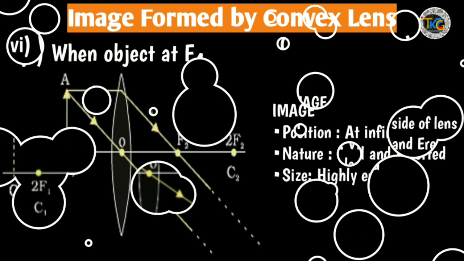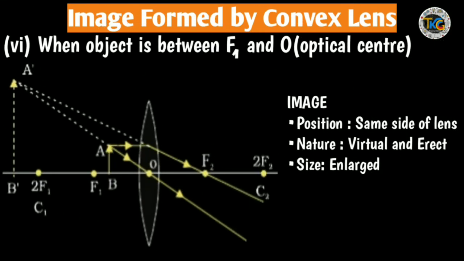Now the last part, that is condition 6. This is also an important part, and the condition is when the object is placed between f1 and the optical center O, where will the image be formed? Condition same, one ray parallel to the principal axis passes through the focus point, another ray passes through the optical center, there is no deviation.